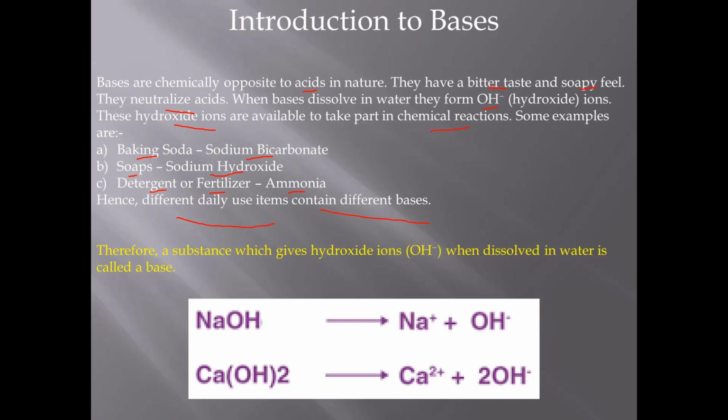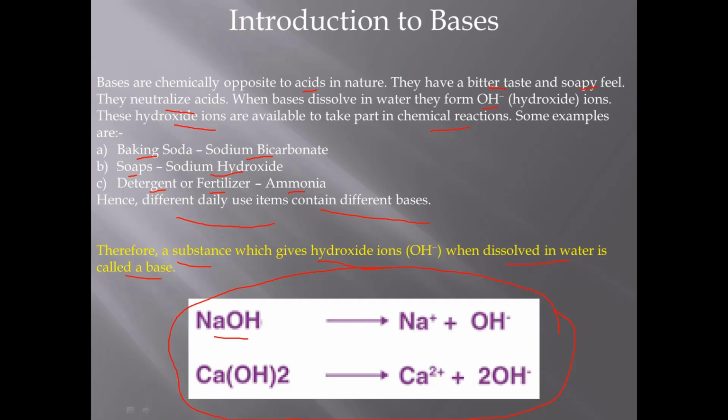Now, what is a base scientifically? What is the definition of a base? A substance which gives hydroxide ions, that are OH minus ions, when dissolved in water is called a base. And below in the picture we can see some dissociation reactions, and in the last video we had seen what a dissociation reaction is. So let's see.